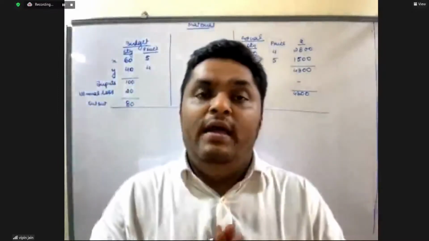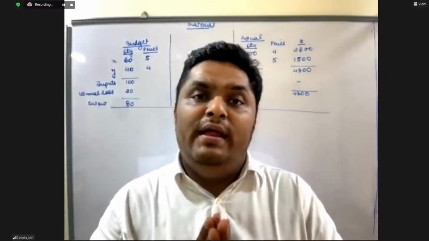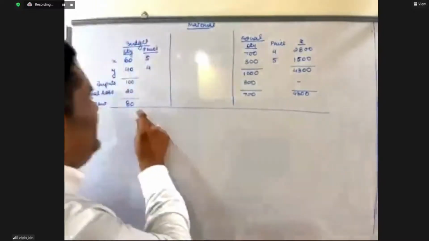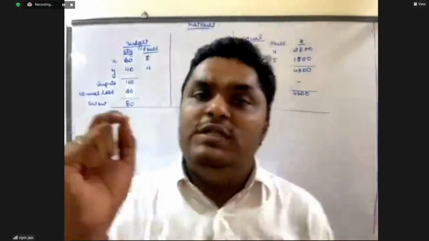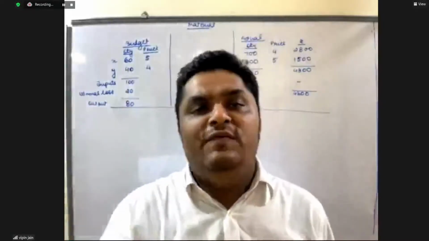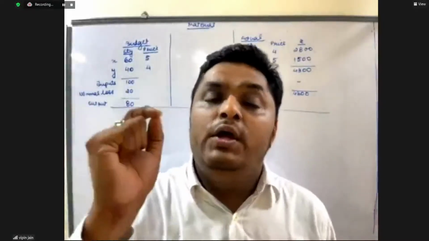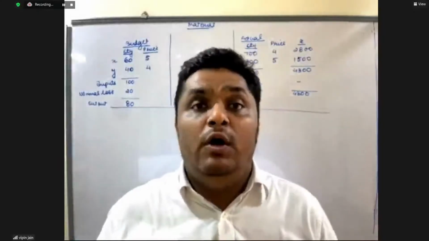I repeat again, the company has set a target that for every 80 units, we have to use 60 units of X, 40 units of Y, total input will be 100, 20 will be the normal loss and 80 will be the output.